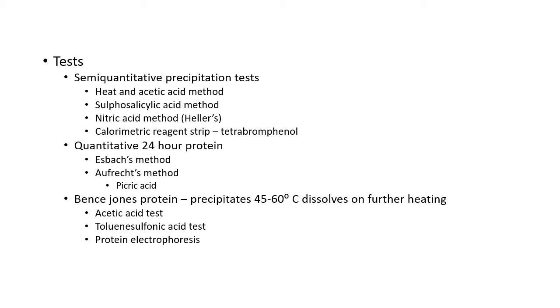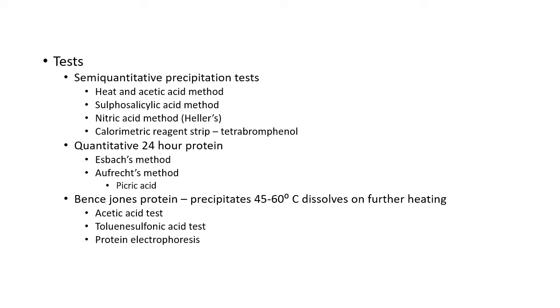In this test, the protein is determined by dipping the strip into a well-mixed uncentrifuged urine and immediately comparing the resultant color with the chart provided in the reagent strip bottle. You will come across colorimetric reagent strip tests in most cases while determining other constituents also. The procedure is more or less similar, only the indicator used changes.